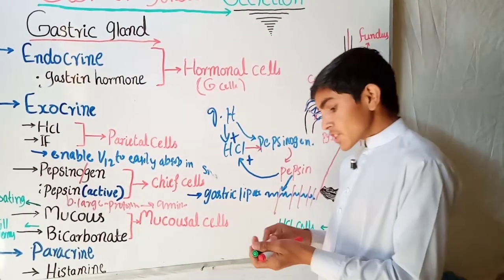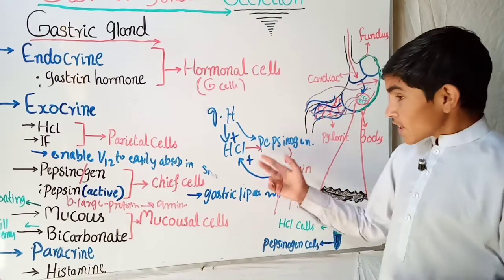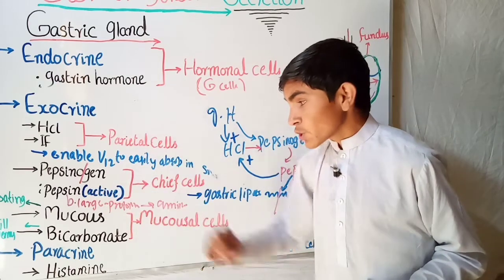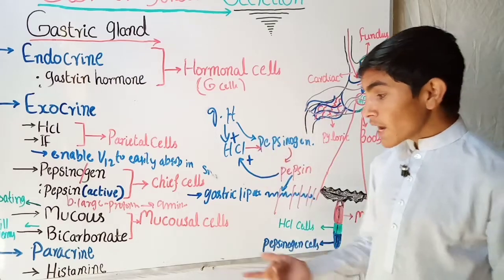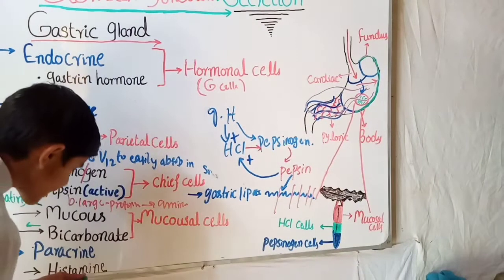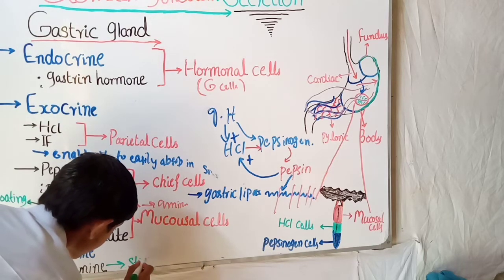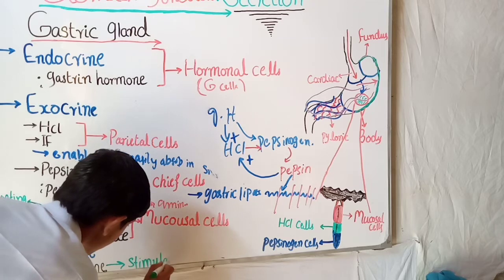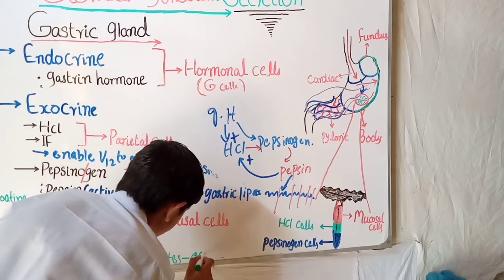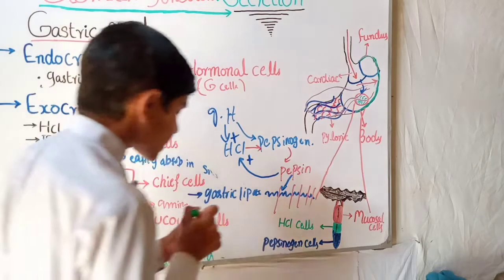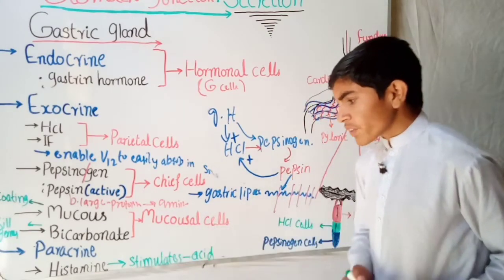So now the secretion of HCl is increasing, because the pepsin, which is now active, also stimulates the secretion of HCl, while the histamine also stimulates the secretion of HCl. Acid here means the HCl present in the stomach.